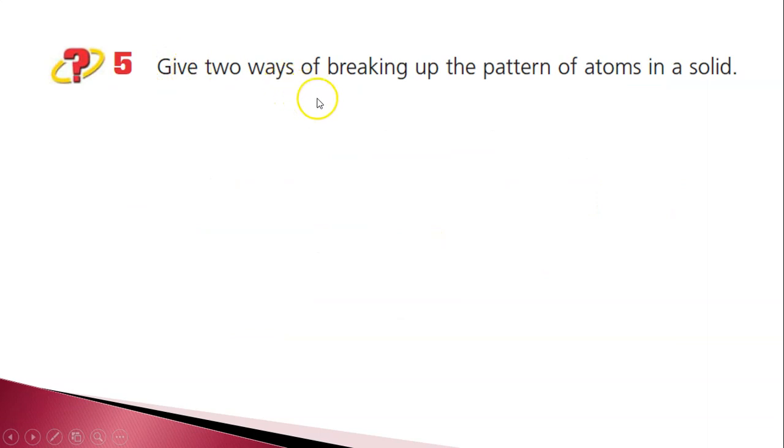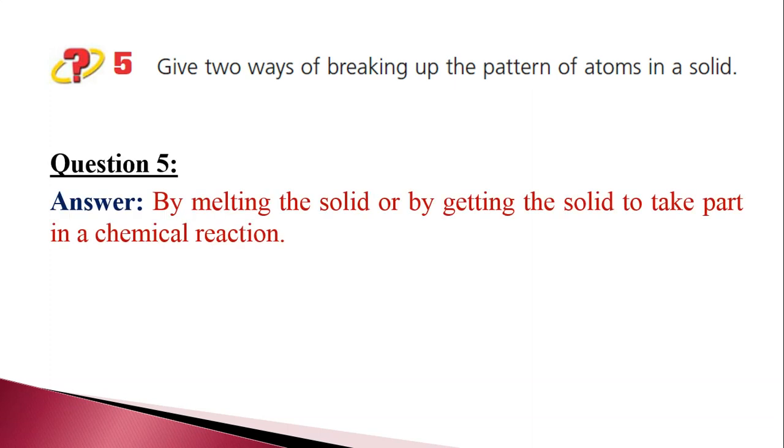Hope this is clear. Give two ways of breaking up the pattern of atoms in a solid. As we already discussed, there are two ways in which we can break the pattern. As I already told you, when you are breaking the sodium chloride with the hammer, you are not actually separating the sodium and chloride. You are just making a smaller lump of sodium chloride crystal. But how can we break the pattern of atoms in a solid?